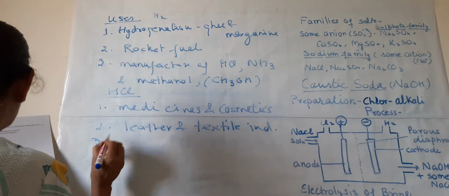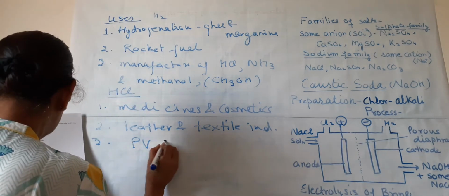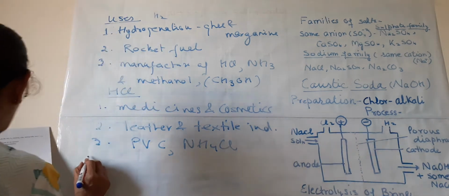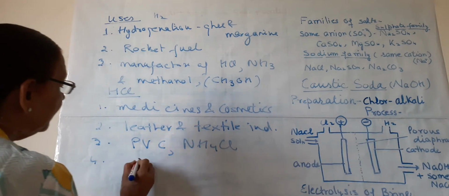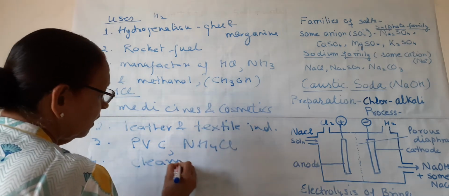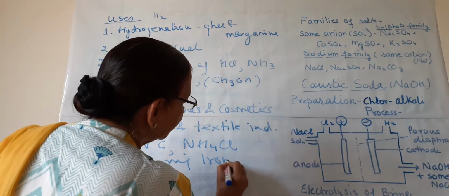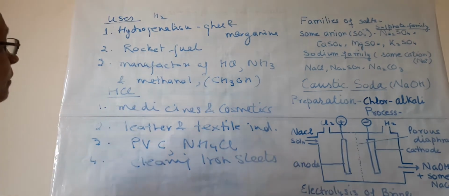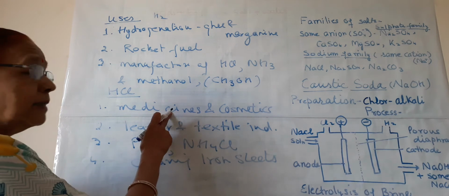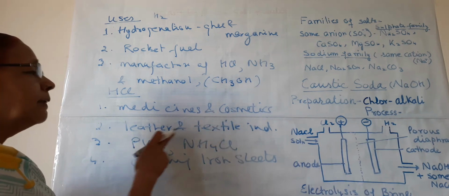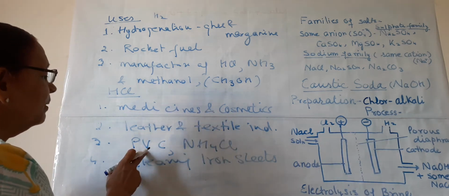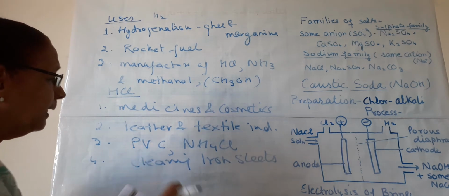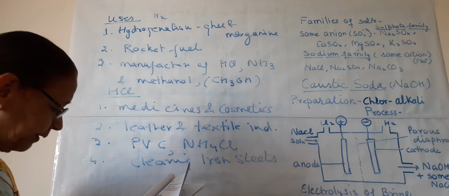The third is manufacture of PVC and ammonium chloride. Fourth is cleaning iron sheets. So these are some of the uses of hydrochloric acid in medicines and cosmetics, in leather industry and textile industry, for the manufacture of PVC and ammonium chloride, and for cleaning iron sheets.